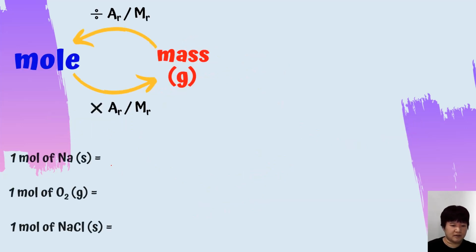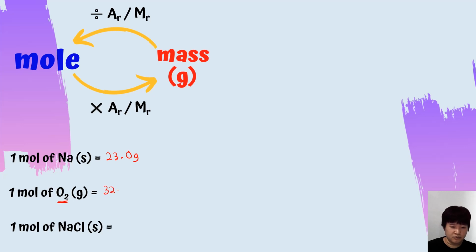Looking into more example, I have 1 mole of sodium. 1 mole of sodium equals to how many gram? 1 mole of sodium is actually equal to 23 gram, the relative atomic mass of sodium. 1 mole of oxygen gas means how many gram?